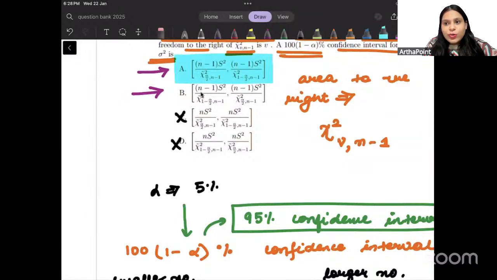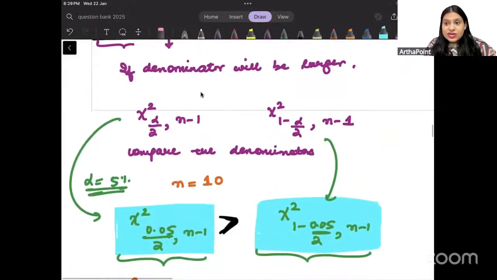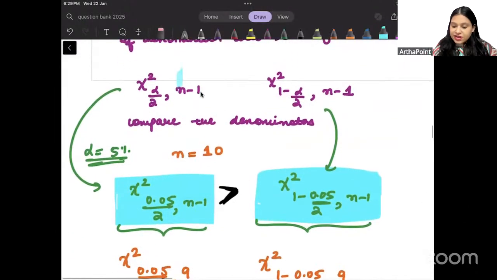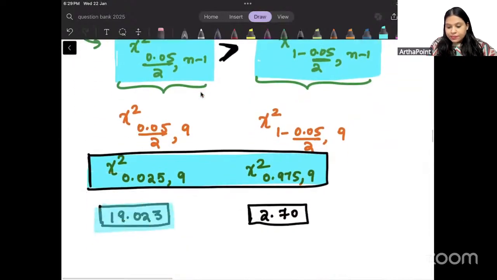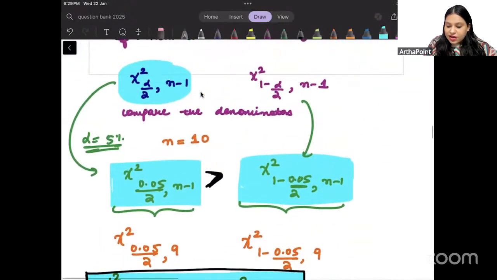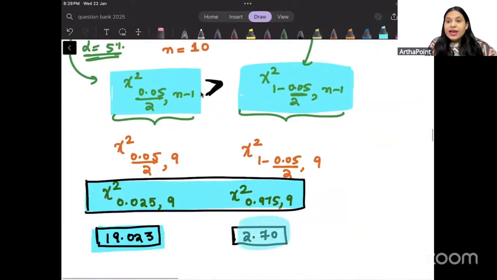This is how you can interpret it. I want a greater denominator. The bigger the denominator, the more it becomes my lower limit. If the denominator is smaller, the value will be bigger, and that will be my upper limit. So now I want to see which value comes out greater. I just took an example: when I find this value I get this, and when I find this value I get this.